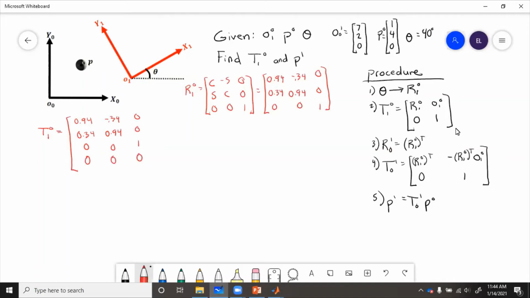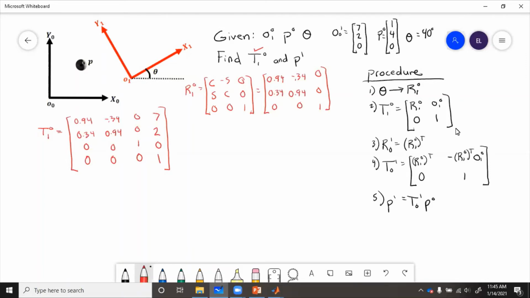And then finally, we put in that origin, which was from here, 7, 2, 0. And the last element is a 1. So we found T10. Now to get P1, we'll actually have to take the inverse of this and then multiply that by the original point. So to get the inverse rotation matrix, we ended up just doing the transpose. So the only thing that changed was pretty much the signs on these two.